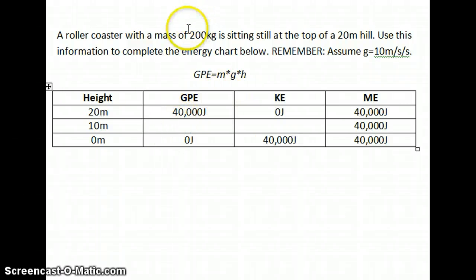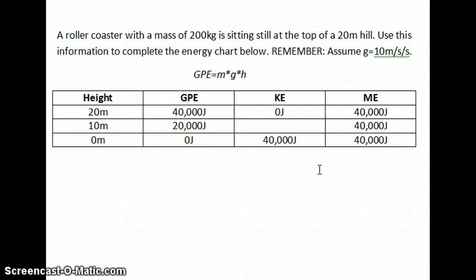If we use our formula, mass is still 200 kilograms, g is still 10 meters per second squared, and our height is 10 meters. If you input that into your calculator, you will get 20,000 joules, which is also half of the original, as I stated before. You have to add up to 40,000 though.